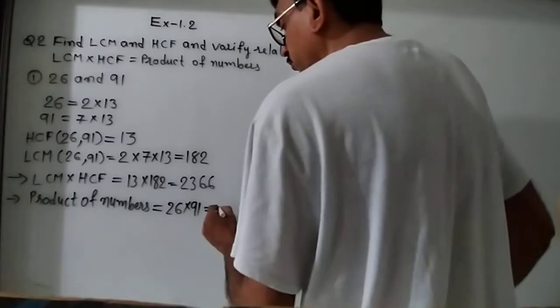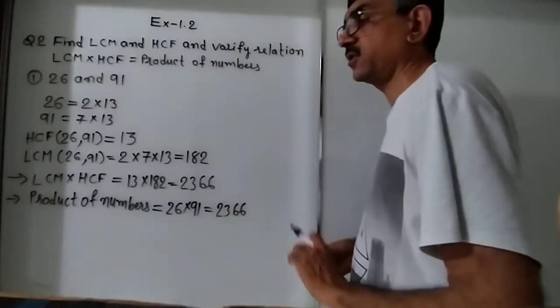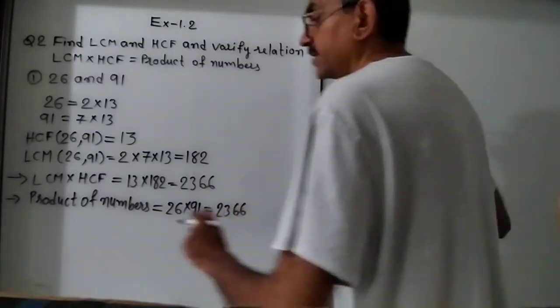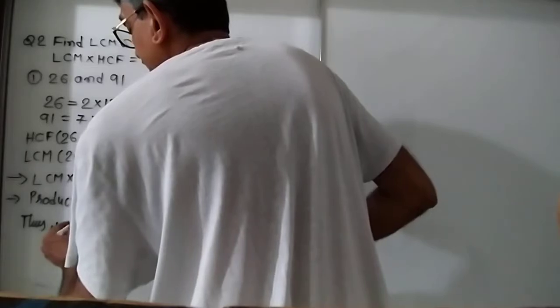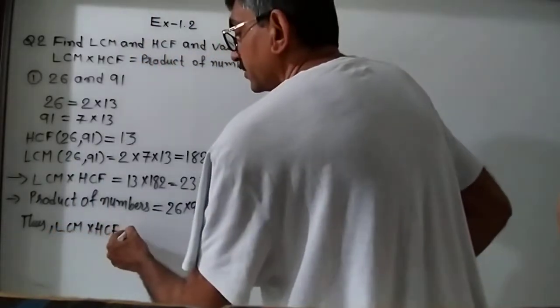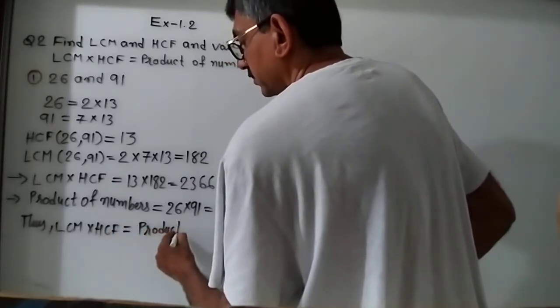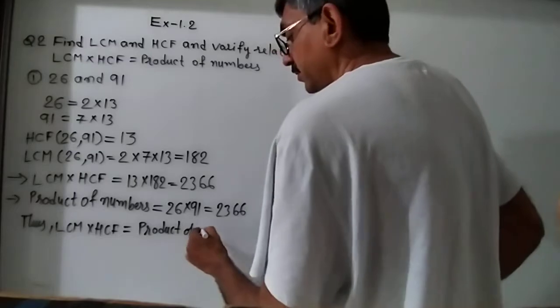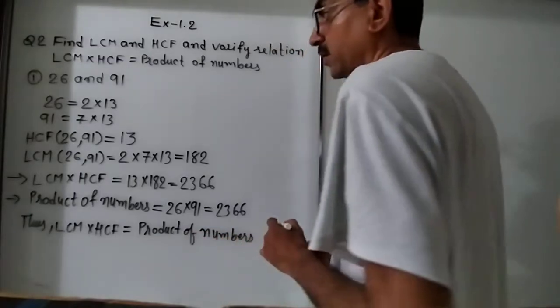As you multiply these two numbers, it would always be 2366. So the right side is the same, then we can write thus: LCM into HCF is equal to product of numbers. Understood?